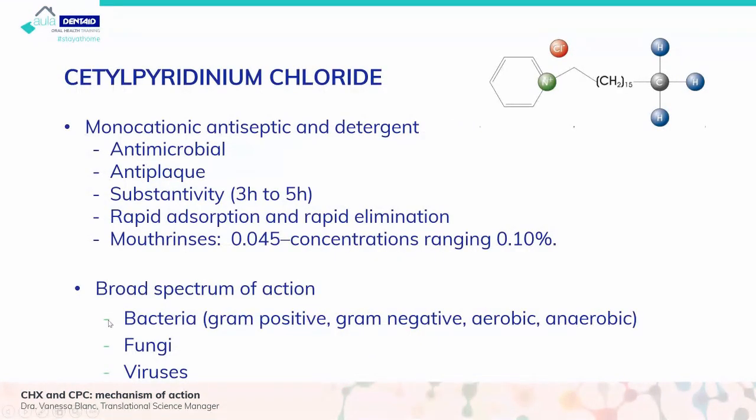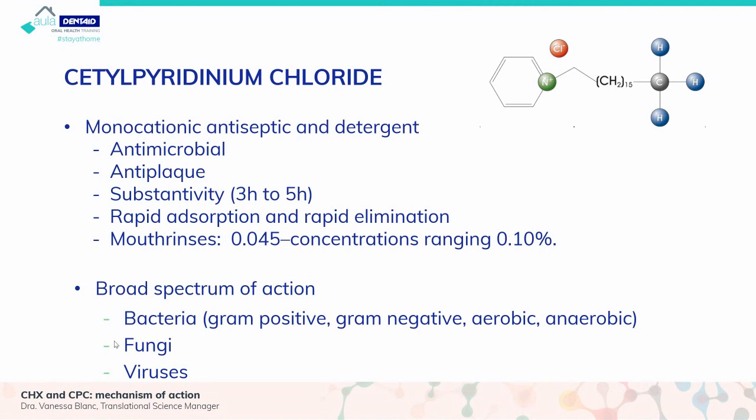Now, let's take a look at the CPC molecule. It's a monocationic antiseptic, antimicrobial, anti-plaque, with a substantivity of between 3 to 5 hours that absorbs rapidly to the mucosa and on enamel, but it's also eliminated rapidly.